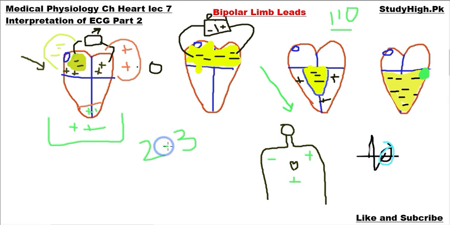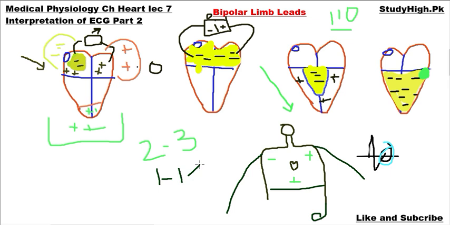But if we place our electrodes on the limbs, like in the bipolar limb lead system, on the right arm, left arm or left leg, then the maximum voltage that can be recorded by the leads connected with the limbs is between 1 to 1.5 millivolt, and maybe lower than 1 millivolt.